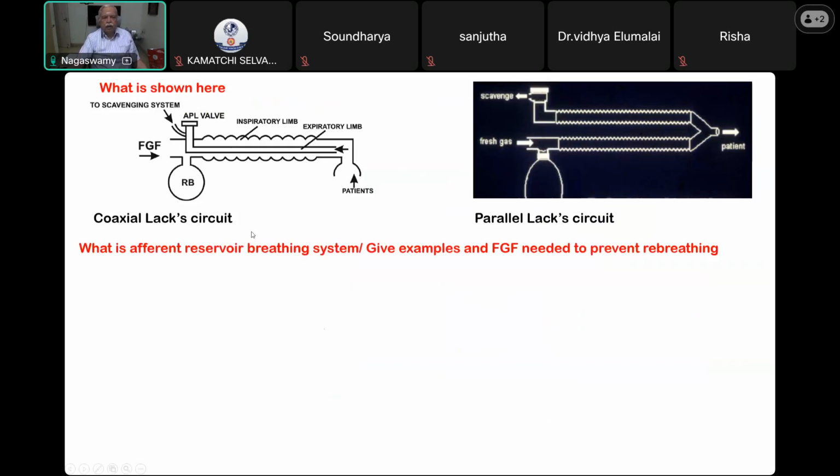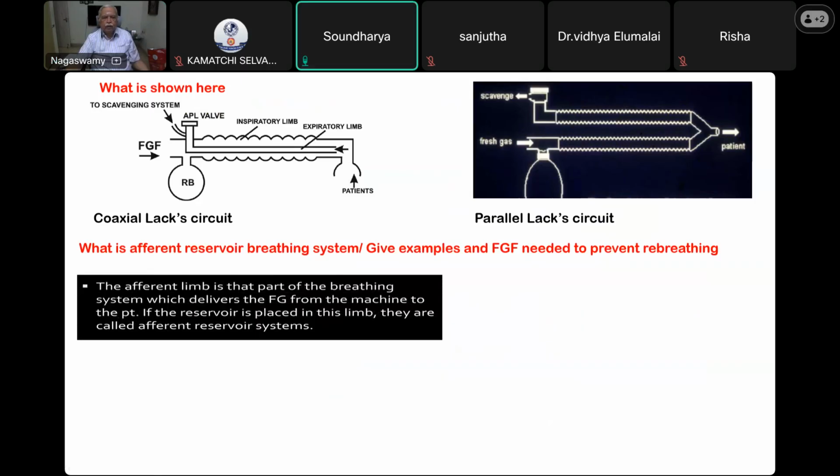Another important confusing thing is what is an afferent reservoir breathing system and what is an efferent reservoir breathing system. This is another classification based on the location of the breathing reservoir bag. If it is in the inspiratory limb, then it is afferent reservoir. If it is in the expiratory limb, then it is efferent reservoir. The afferent limb is the part of the breathing system that delivers fresh gas flow from the machine to the patient.